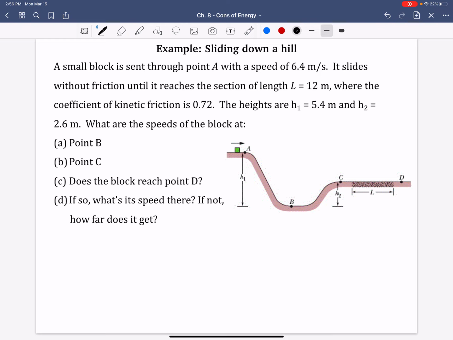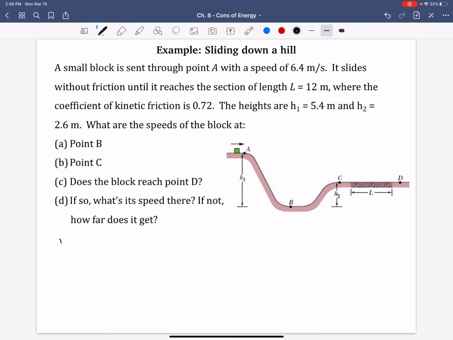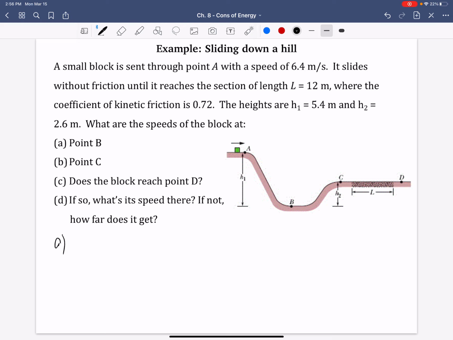Okay, so in part A, we want to find the speed at B. So initially, it has kinetic energy, and I'm going to say it has potential energy. And because this stretch here is a frictionless stretch, there's no energy lost, and so it's an energy conservation problem.